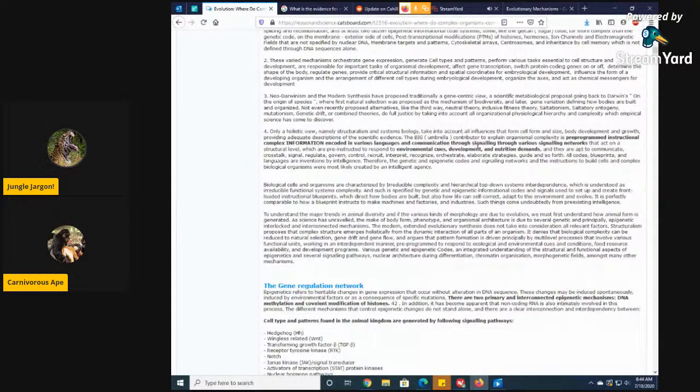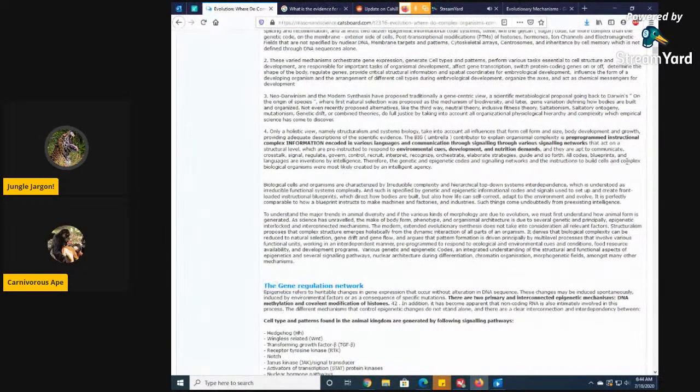The big umbrella contributor to explain organismal complexity: pre-programmed instructional complex information encoded in various languages and communication through various signaling networks that on a structural level are pre-instructed to respond to environmental cues, development, and nutritional demands, and they are apt to communicate, crosstalk, signal, regulate, govern, control, recruit, interpret, recognize, orchestrate, elaborate strategies, guide, and so forth.